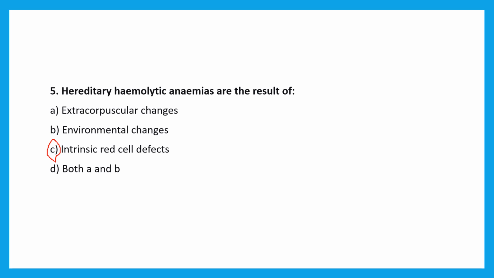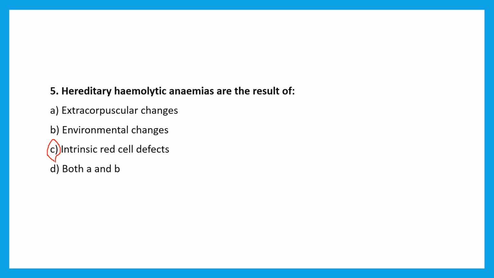And when we say intrinsic red cell defects, we normally include the abnormalities of the cell membrane. Remember, I think we discussed this in our first and second tutorials, giving an example of hereditary spherocytosis. It can also include the abnormalities in hemoglobin, for example sickle cell disease and thalassemia.